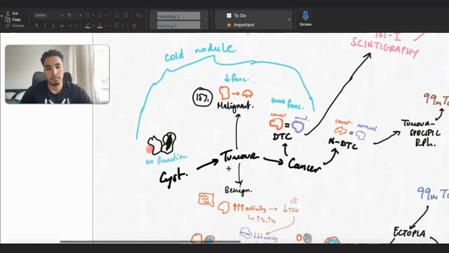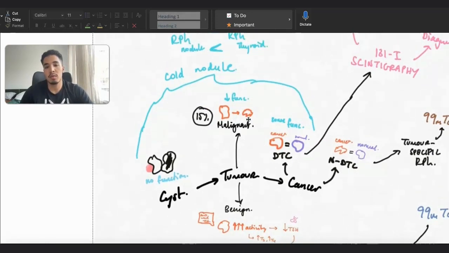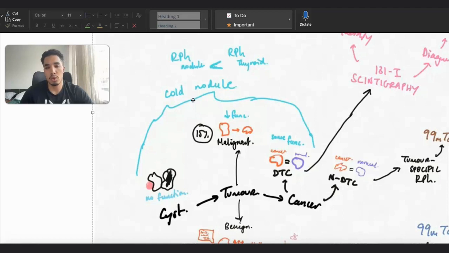So we can have several types of so-called hot spots or cold spots, depending on what's going on. For example, a cold nodule means that the radiopharmaceutical is being taken up less in the cancer or the bad tissue, compared to the thyroid gland. So that's showing you that there's less function going on in that damaged tissue.